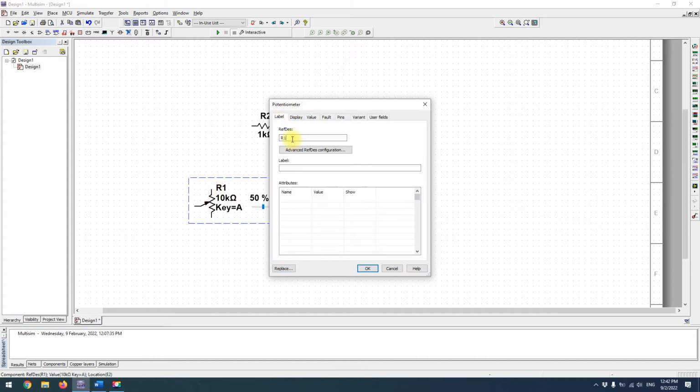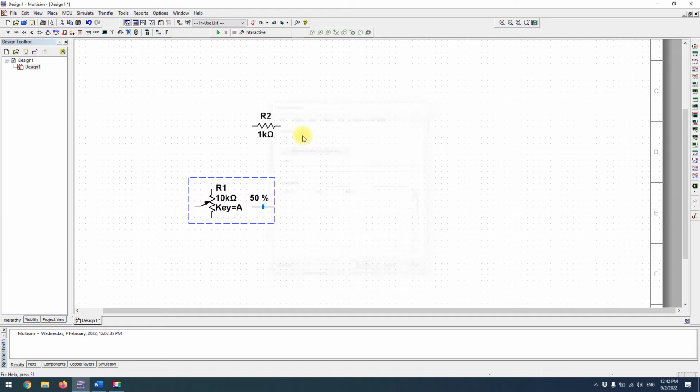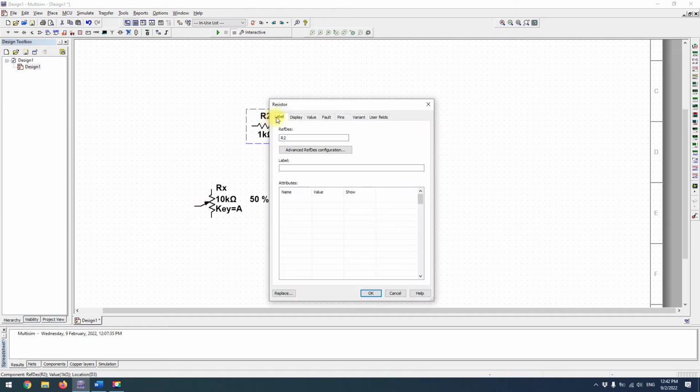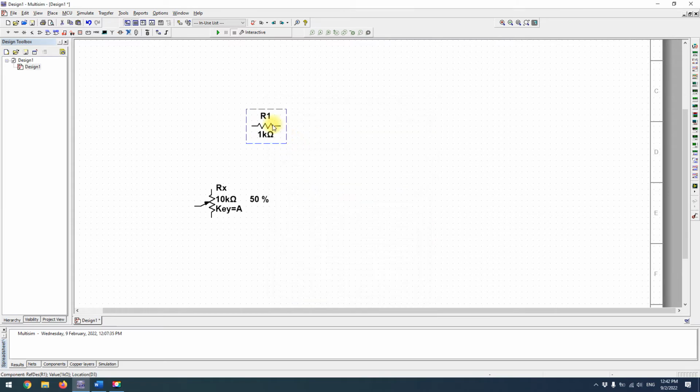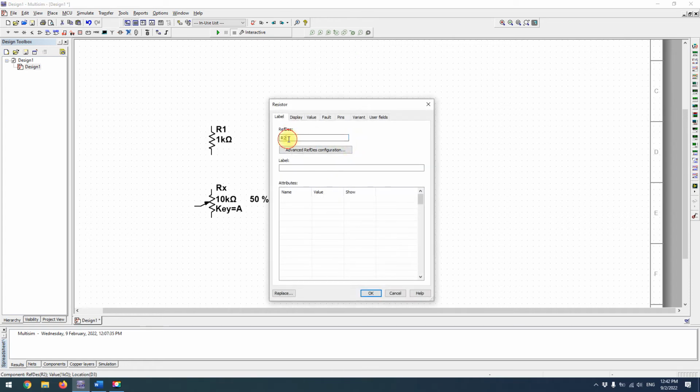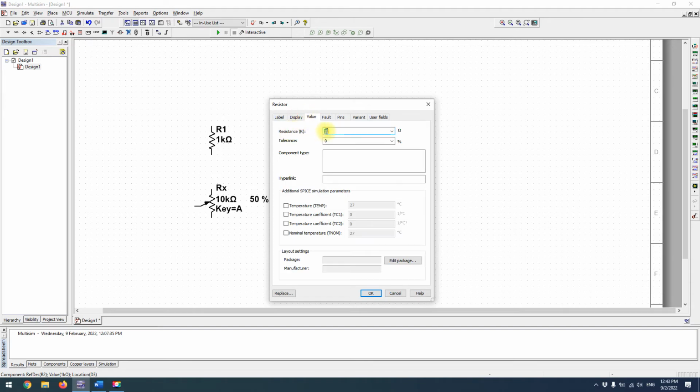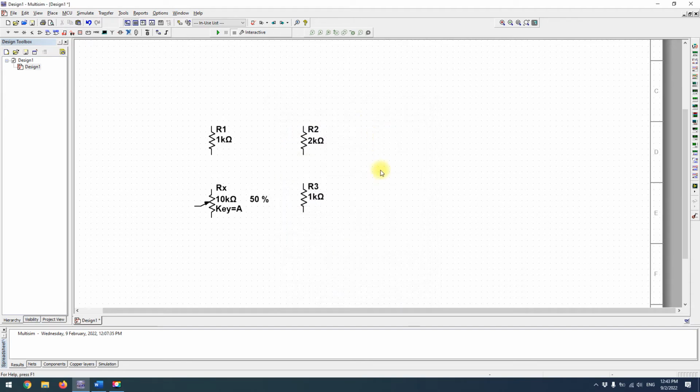Label this as Rx, and label this one as R1. Control R to rotate it. Now we copy and paste, and copy again and paste. We change this value to 2K, and this one to 3K.